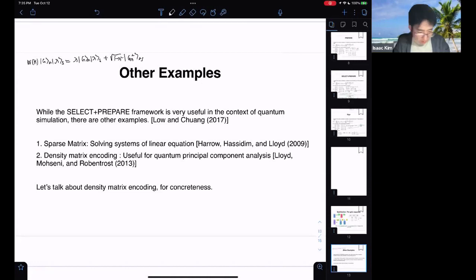And in order to construct this W of H, we used select and prepare. But it's important to realize that that's not the only way.